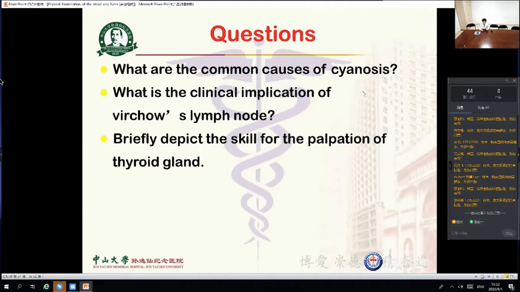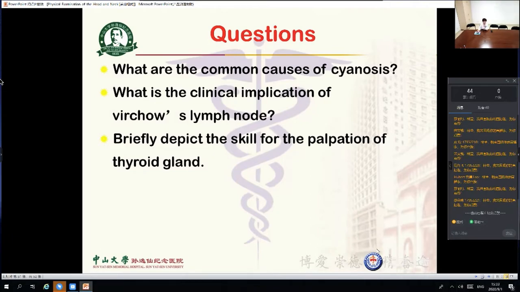And the fifth one is congenital heart disease with a shunt from the right to the left. In these 5 clinical situations, the patients may have cyanosis in the surrounding of the mouth, and the tip of the nose and the nail beds will show the bluish color of cyanosis.